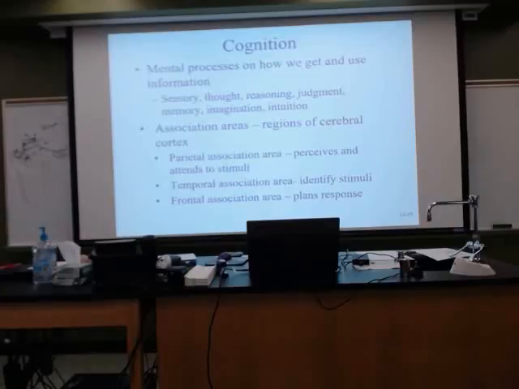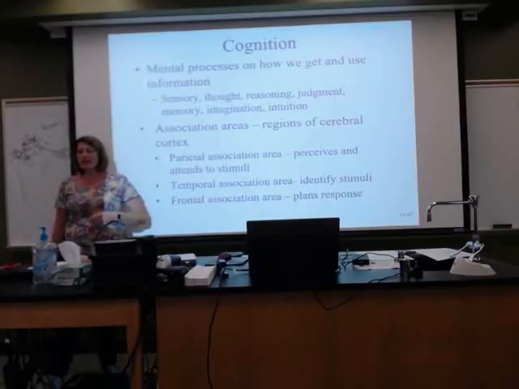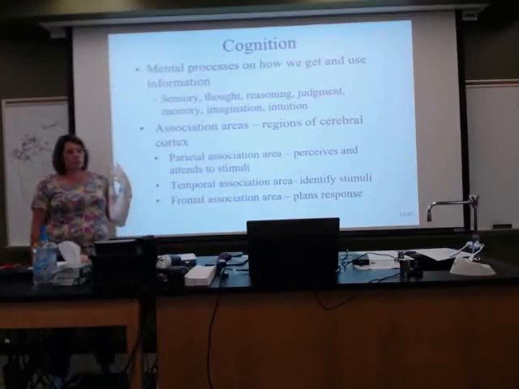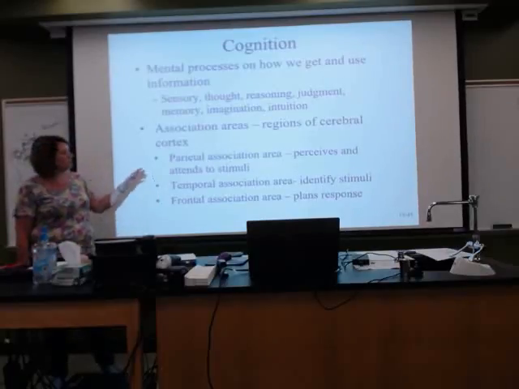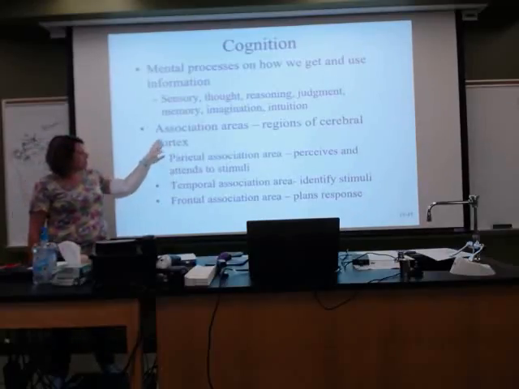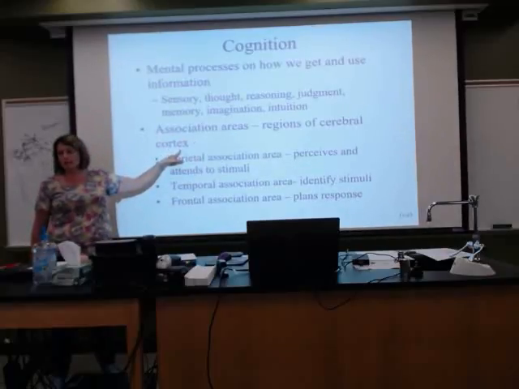Cognition is the process by how we get and use information. We read, we look, we see stuff around us. How are we getting and using that information? When we begin to look at how we take our information and process it, it's going to be involving regions of the cerebral cortex.